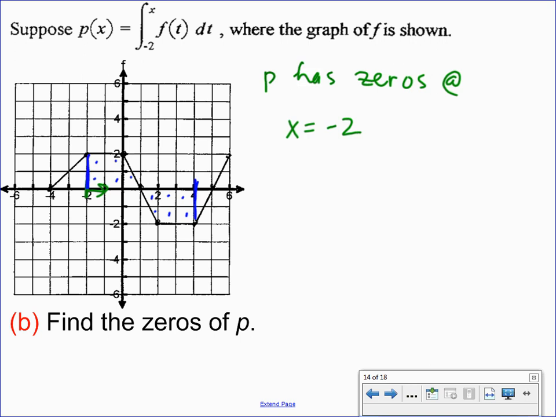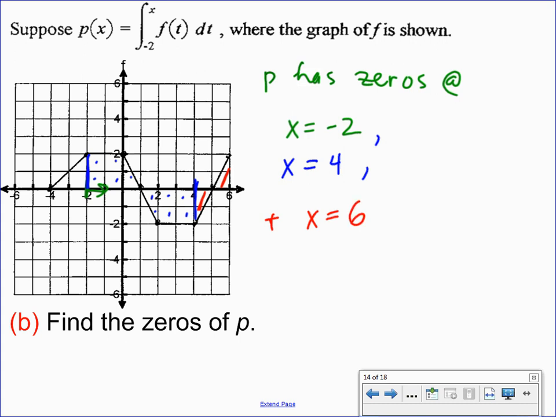So this area above is canceled out by an equal and opposite area below by the time I get to x equals 4. So x equals 4 is a zero. If I continue scanning, this now negative contribution is canceled out by an equal and opposite positive contribution again in the span of x values from x equals 4 up until x equals 6. So it looks like I have 3 zeros.